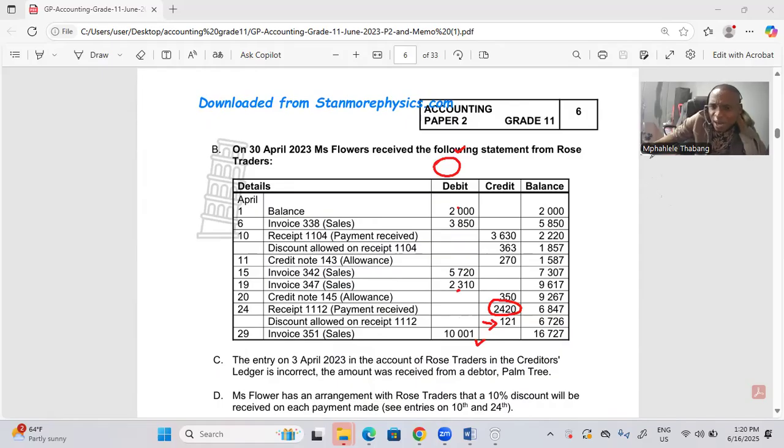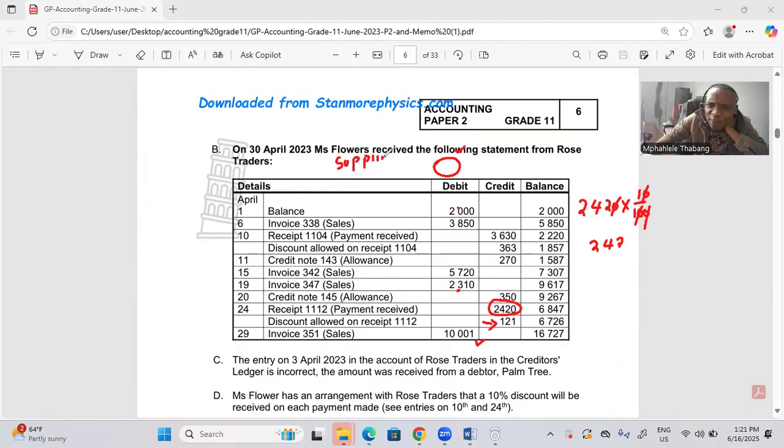And the correct discount, guys, is 242 because you have to take 2,420 and multiply it by 10%, because we said it is 10% of the payment. So which is 242. So they recorded 121 by mistake. The correct discount should be 242. So in this case it is the supplier who made the mistake.